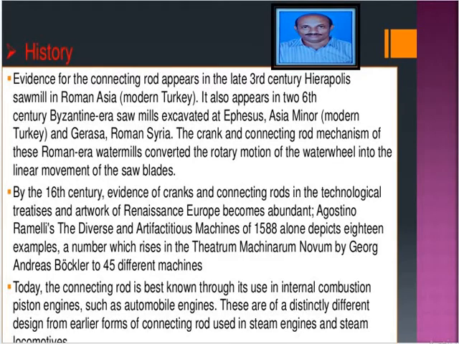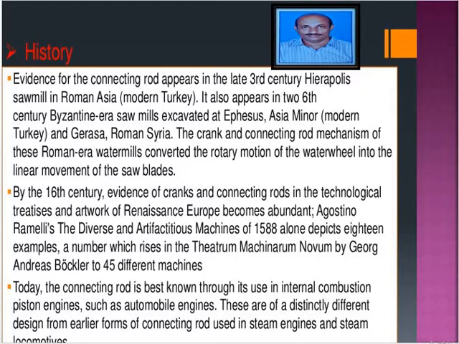As for the history, evidence for the connecting rod appears in the late 3rd century Hierapolis sawmill in Roman Asia. The Turkish people, meaning people of Turkey, found out this connecting rod.